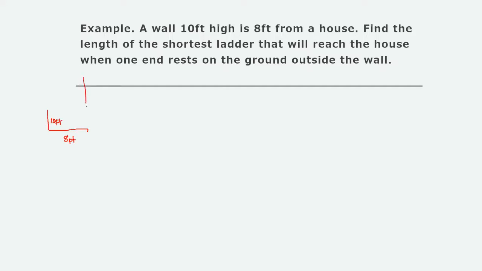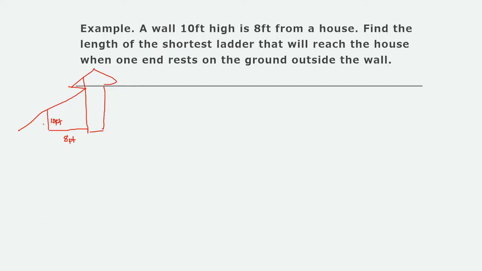Let's say this is our house here. It says that we have to find the shortest ladder that will reach the house when one end of the ladder rests on the ground outside the wall. So let's say this is our ladder and this is the house. We need to find the length of the ladder.